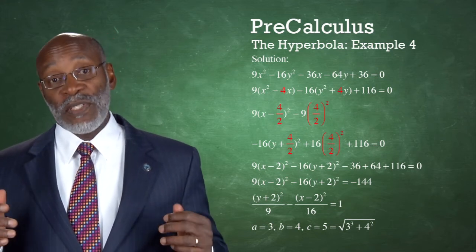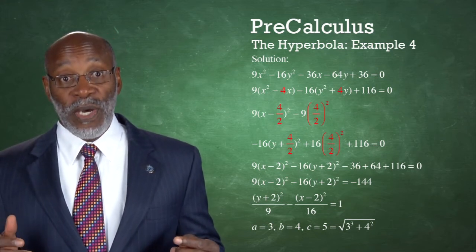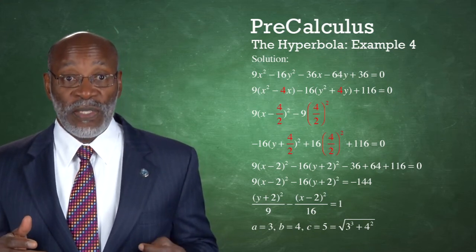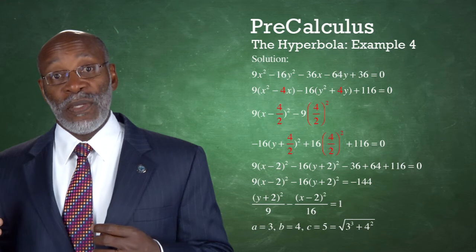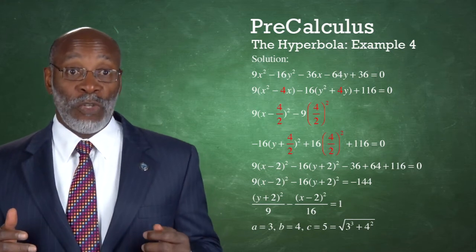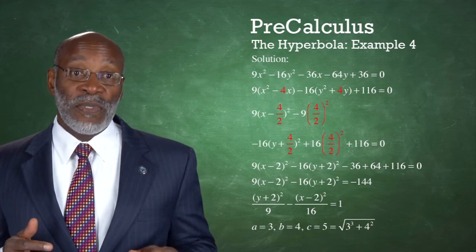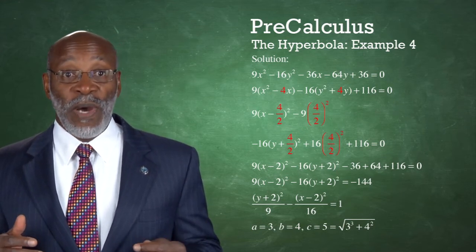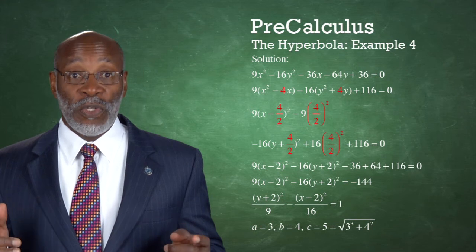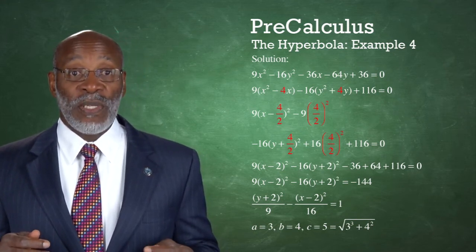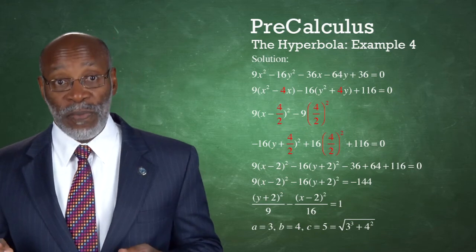And again, the steps for completing the square are: take half the coefficient of x and square it. So for x we get 9 times the quantity (x minus 4 over 2) all squared minus 9 times the quantity (4 over 2) squared.